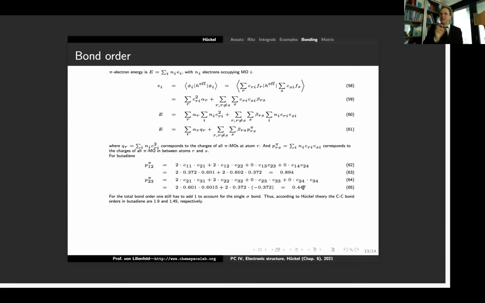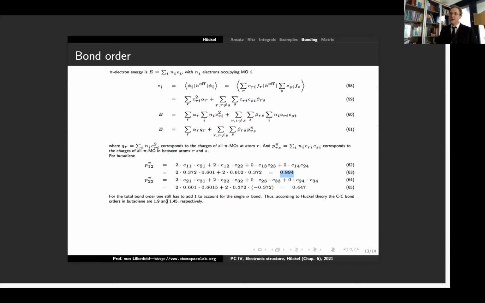Now, to estimate the bond order, you would still have to add the single bond information, right? So for the total bond order, you still have to add 1 for each single sigma bond. Thus, according to Hückel theory, the CC bond orders in butadiene are roughly 1.9 and 1.45, respectively.